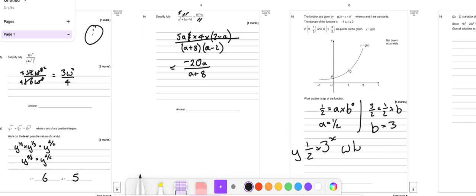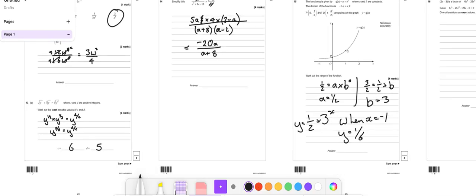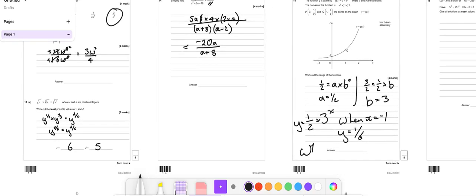So when x equals minus 1, y equals a sixth, and when x equals 2, to its maximum, y equals a half times 3 squared, 9 over 2.